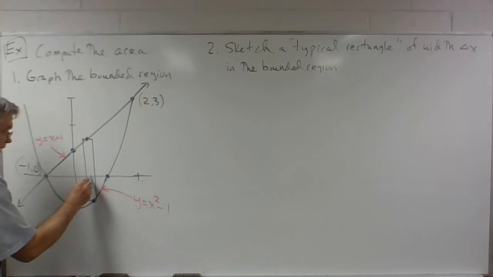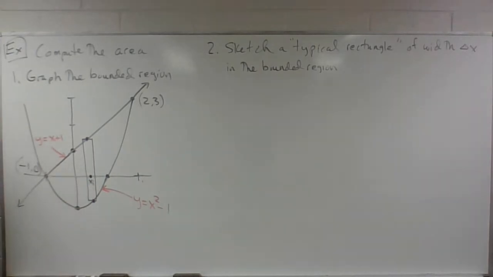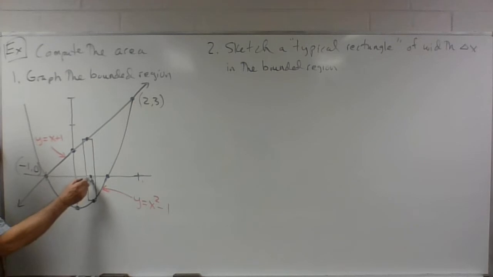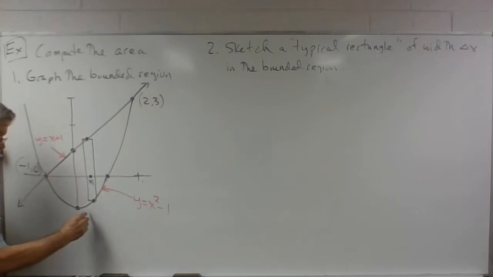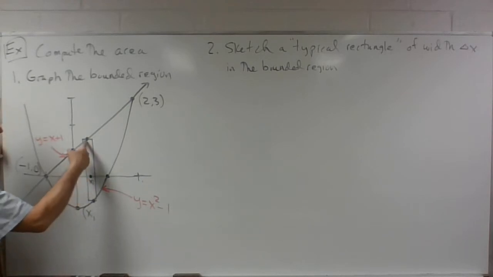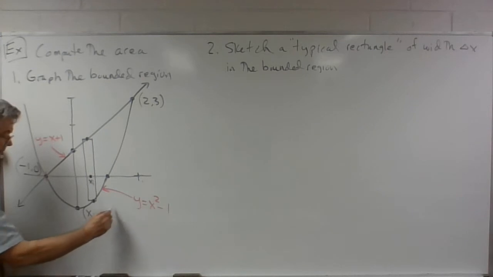And this point right here on the x-axis is x sub i, which means since all three of these points lie on the same vertical line, that the x-coordinate of all of these points is going to be x sub i.